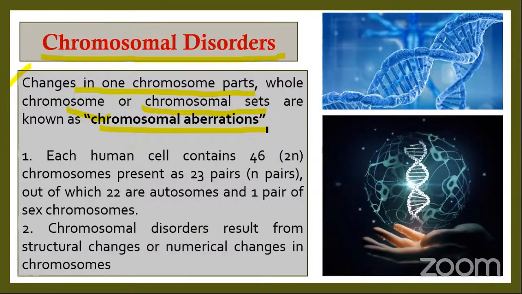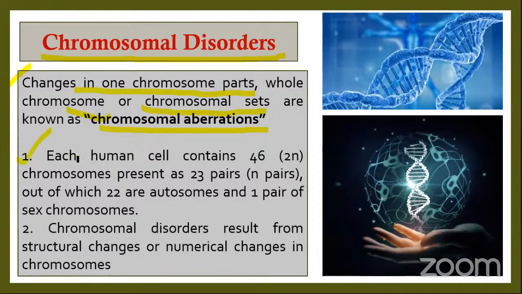If the chromosome number is increased, suppose it becomes 47, or decreased, it becomes 45, or any part of the chromosome is removed, these are all chromosomal aberrations. The chromosome number should not increase or decrease. It should be healthy, that is 46. If any changes happen, they are called chromosomal aberrations.